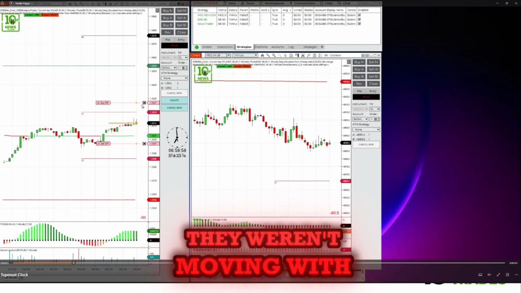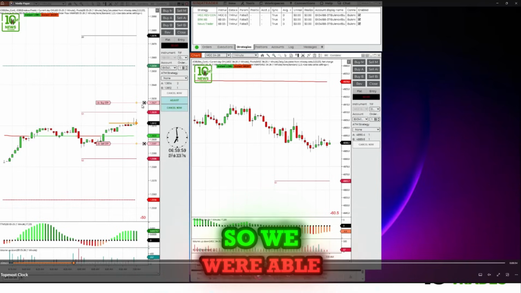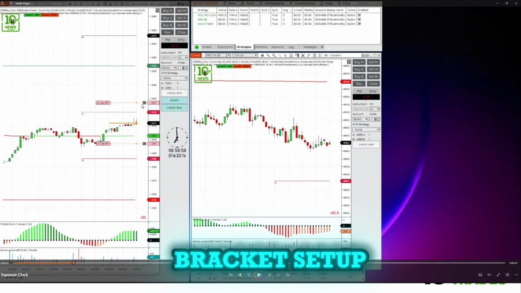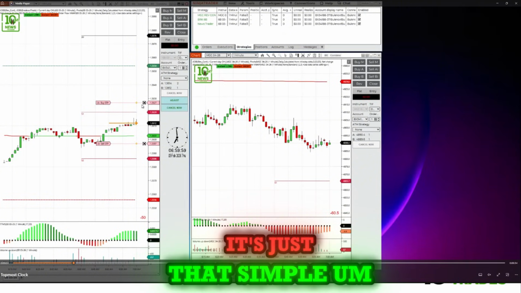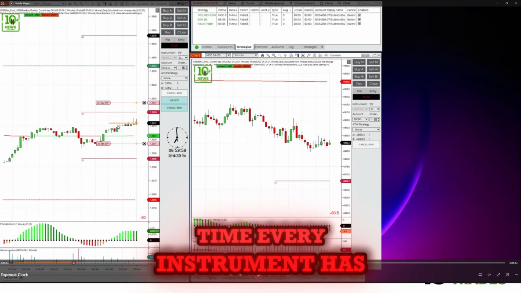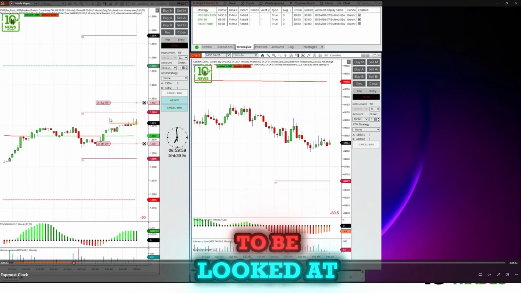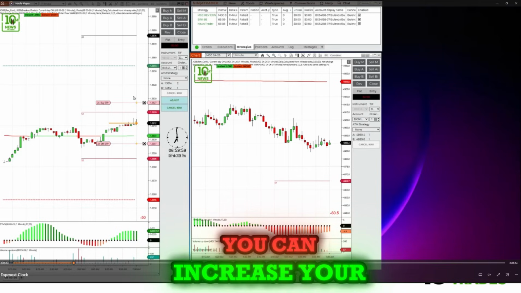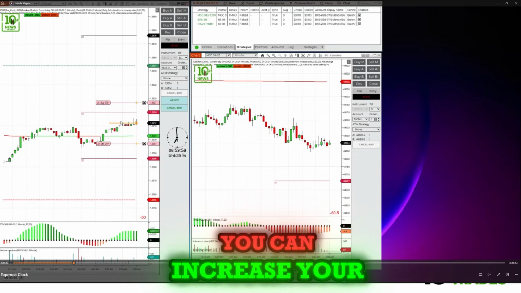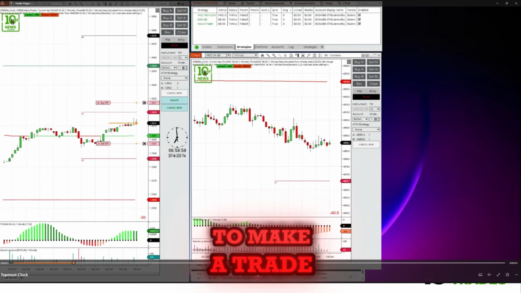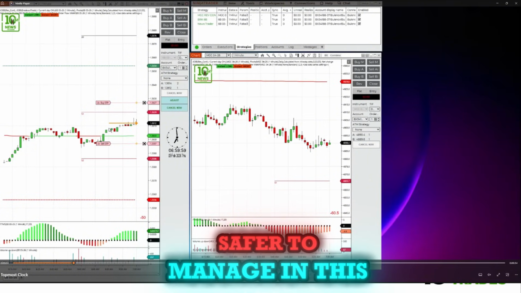They weren't moving with a lot of volatility, so we were able to use our normal 15 bracket setup. It's just that simple. At this point in time, every instrument has to be looked at, and if it's very, very volatile, you can increase your bracket size. You can increase your stop size. You can do things to make a trade safer to manage in this volatility.